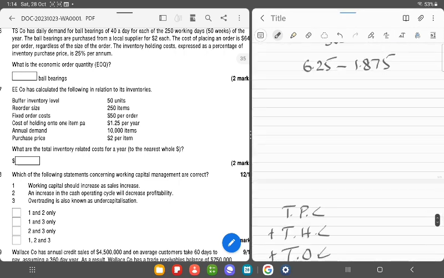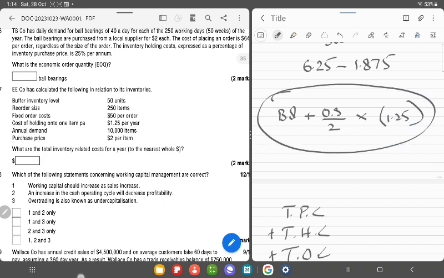For the total holding cost, we use average inventory, which is buffer inventory plus order size divided by 2, and then multiply by holding cost per unit, which is given as 1.25. So this is how we will calculate the inventory holding cost. That is how it has to be solved.